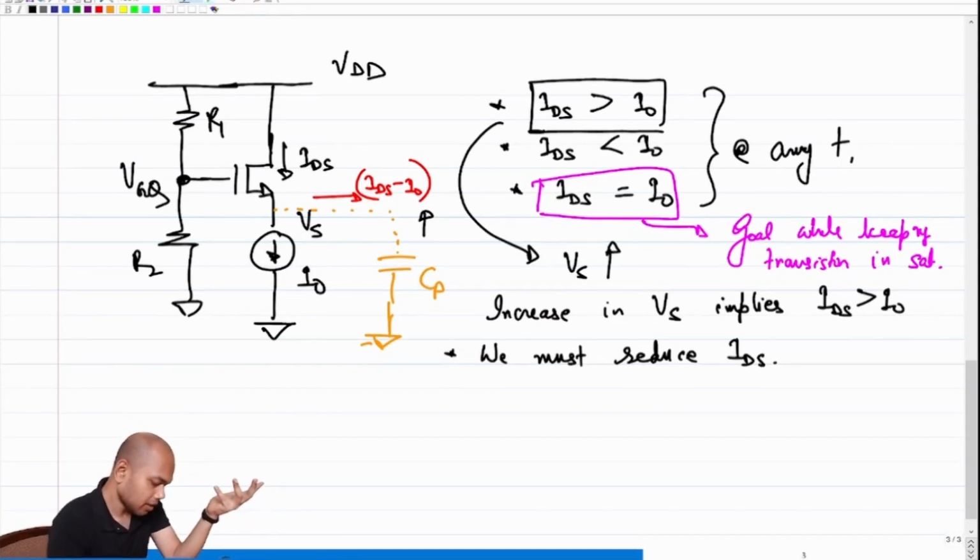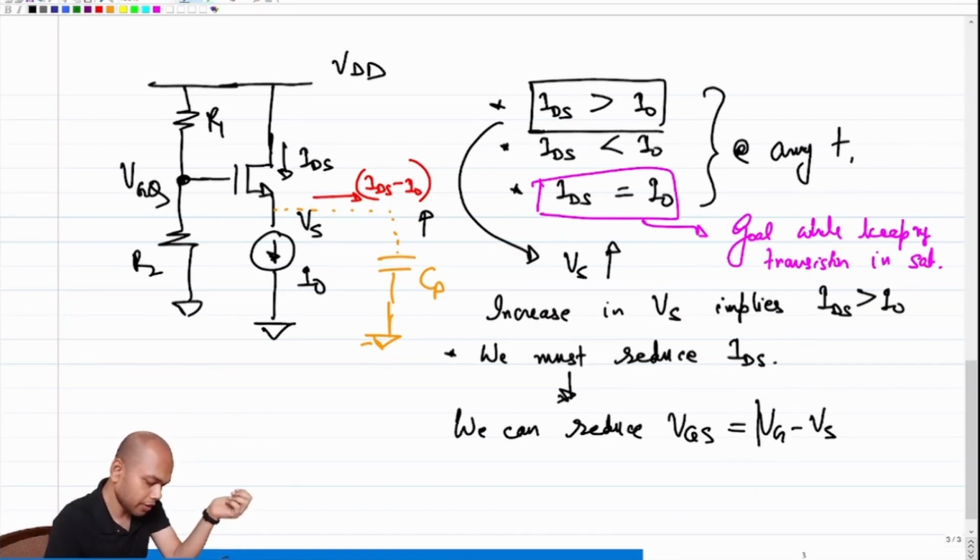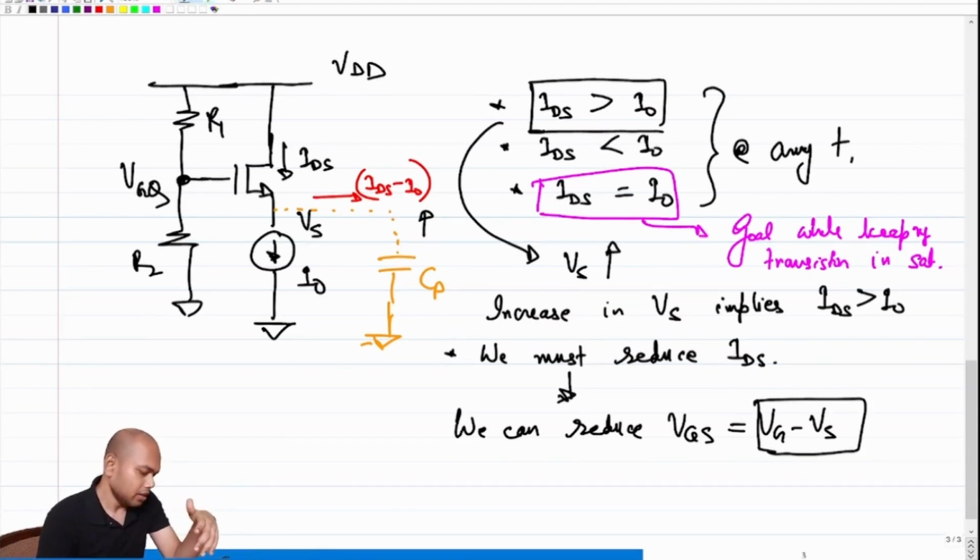In order to reduce IDS, we can reduce VGS, where VGS is equal to VG minus Vs. We can reduce VG minus Vs, correct? However, VG is equal to VGQ, which is set. So what can we do?